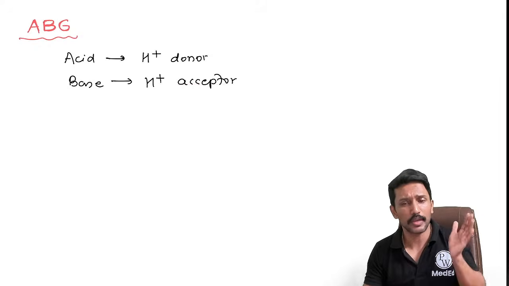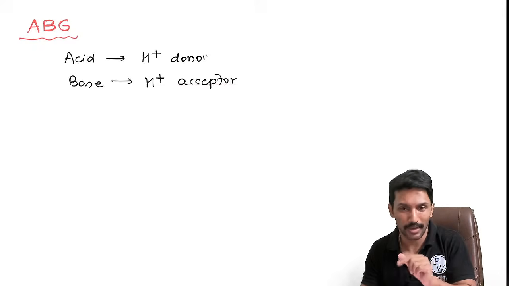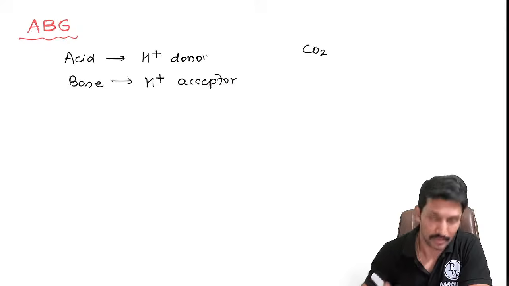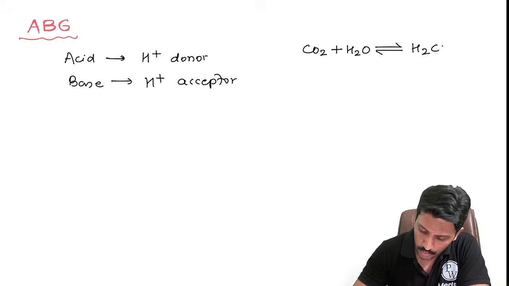So in the human body, we constantly produce a lot of acid, right? And one of the major contributors to acid production is carbon dioxide. Why is carbon dioxide an acid? When carbon dioxide gets dissolved in water, it becomes what you call carbonic acid, H2CO3.